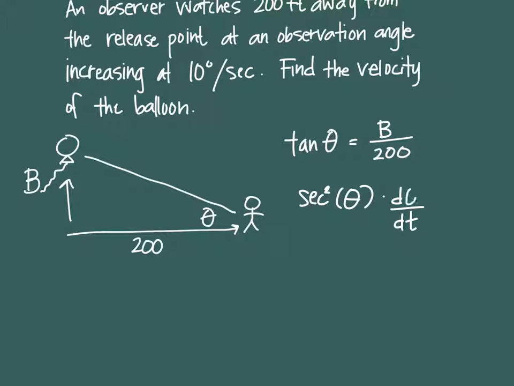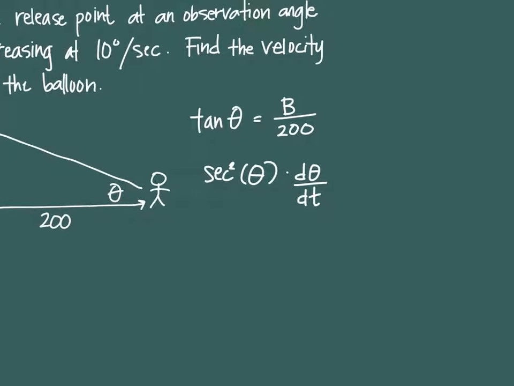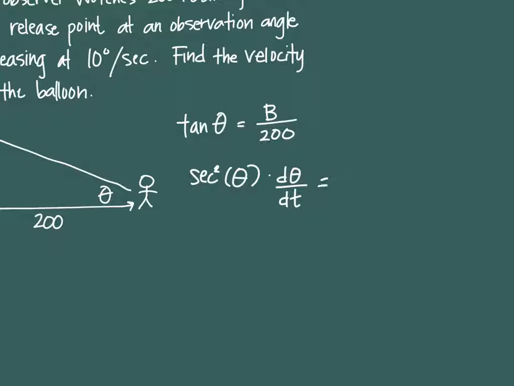All right, then on the other side, we'll have the derivative of that, which is going to be 1 over 200 times dB with respect to time, because 200 is just a constant.